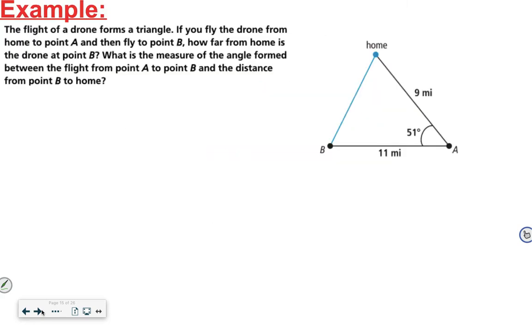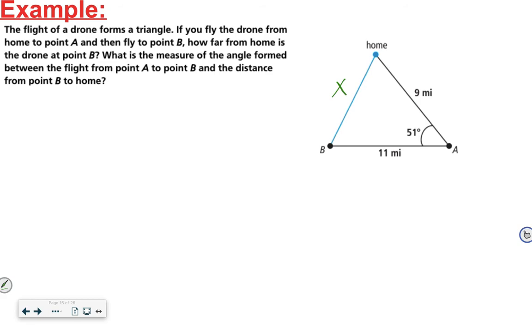Next question. The flight of a drone forms a triangle. If you fly the drone from home to point A, which is 9 miles, and then fly to point B, which is 11 miles, how far from home is the drone at the point B? Here, x.